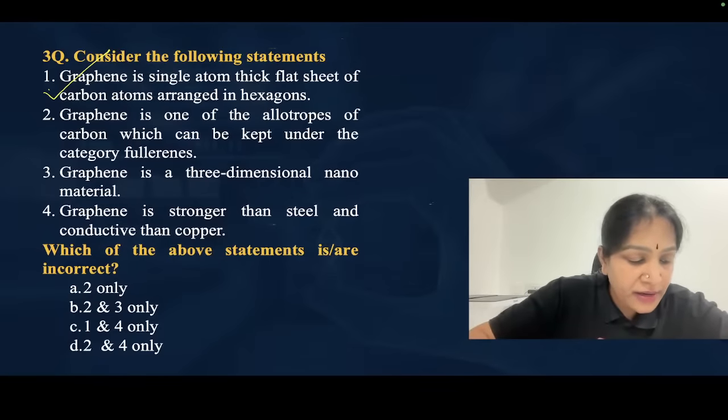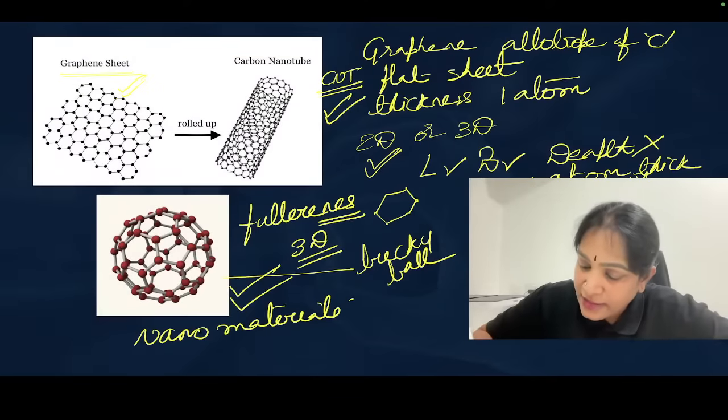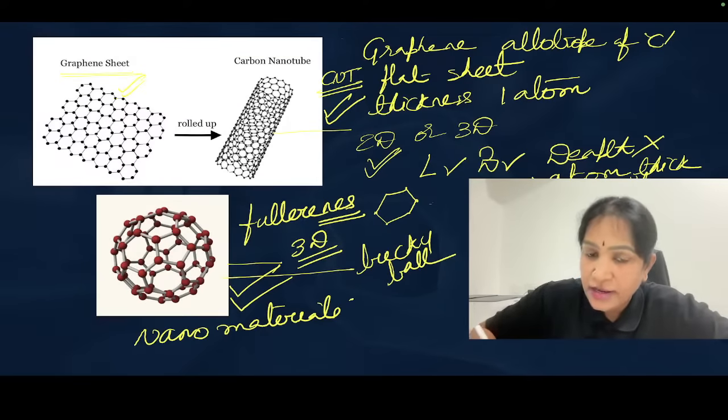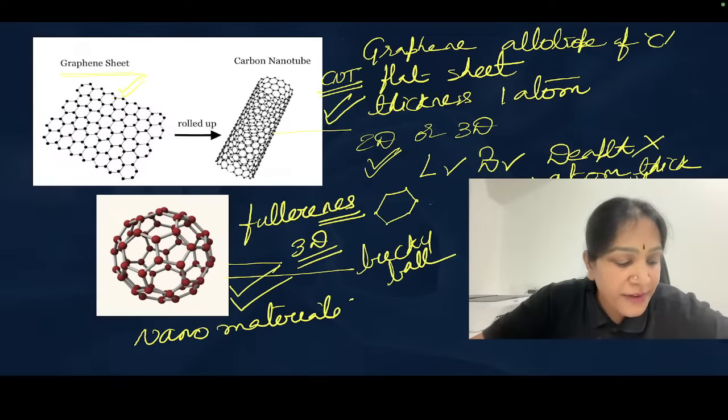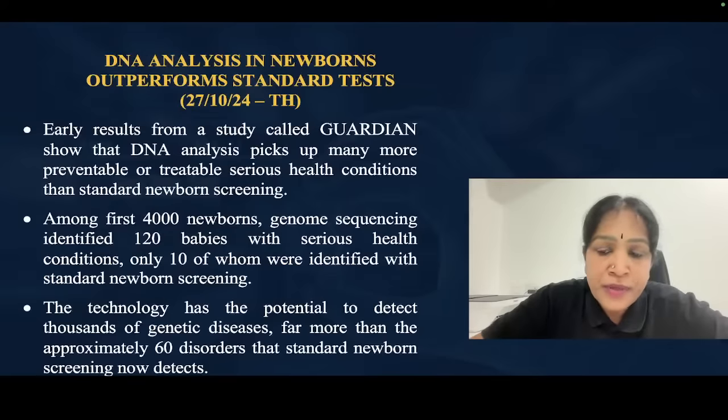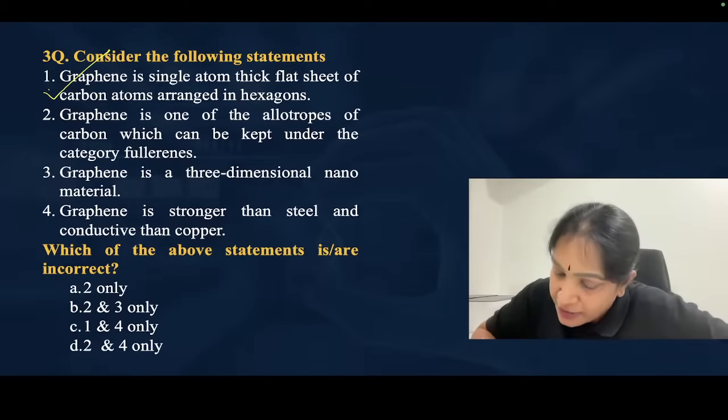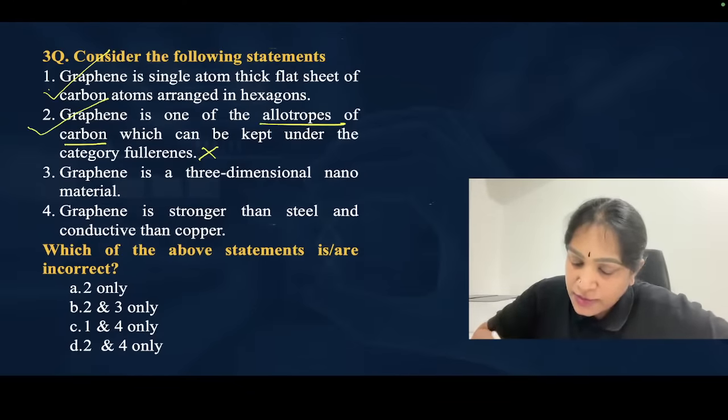No. Because fullerenes are like this. This is fullerene, this is fullerene. But graphene is a flat sheet. So it is an allotrope of carbon, correct, but it cannot be kept under the category of fullerenes. So this is a wrong statement.